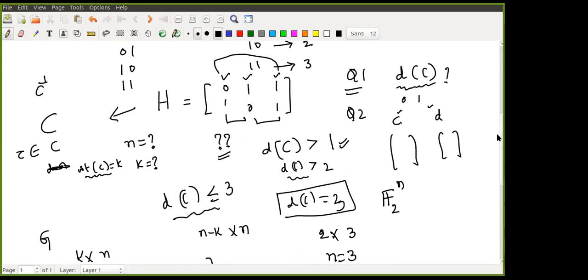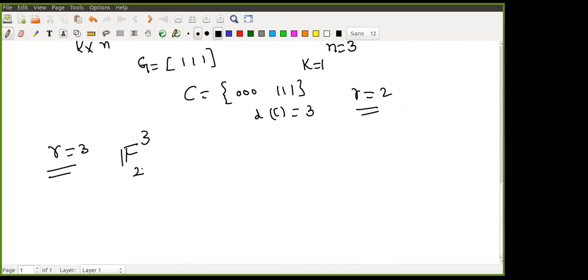So now here also I do the same thing. Can somebody tell me what H is now? What is the size of the matrix first? No, it is not 3 comma 4.